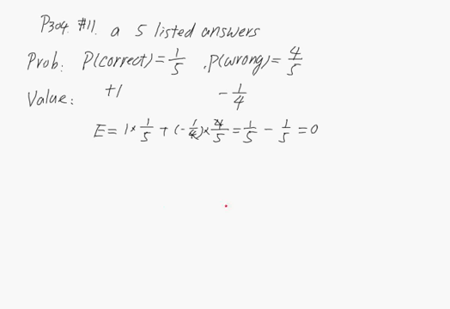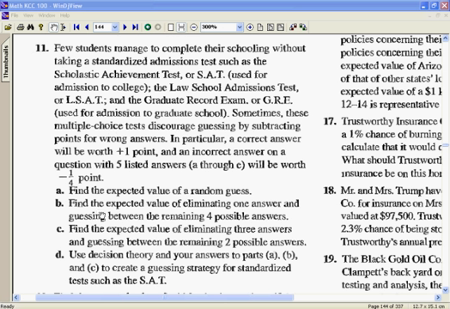So this is part A. Now let's look at part B. Find the expected value of eliminating 1 answer and guessing between the remaining 4 possible answers. Suppose you for sure know 1 answer is a wrong answer. Then you eliminate this answer from the pool of choices, and among the remaining 4 possible answers, you guess.